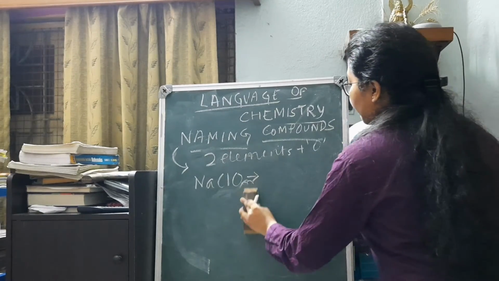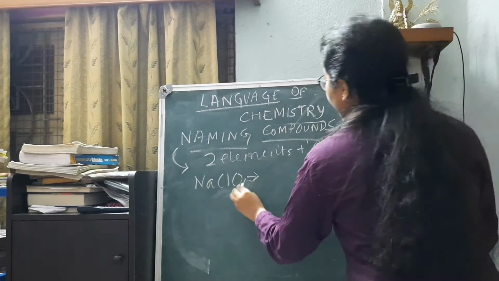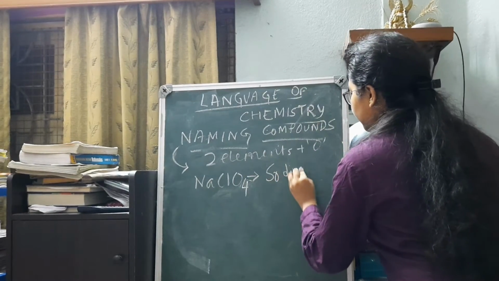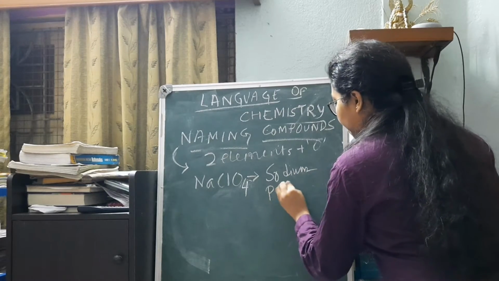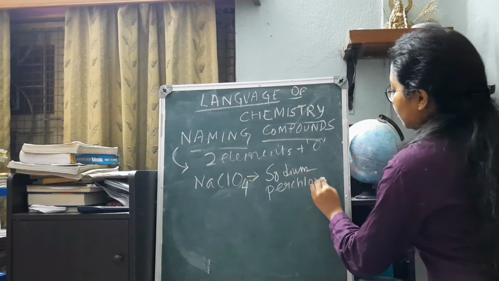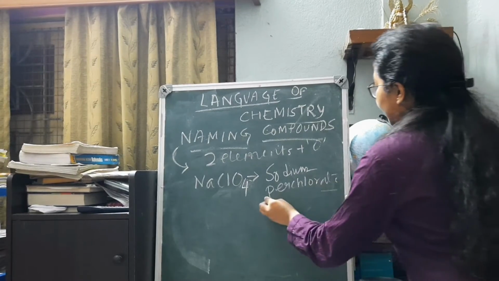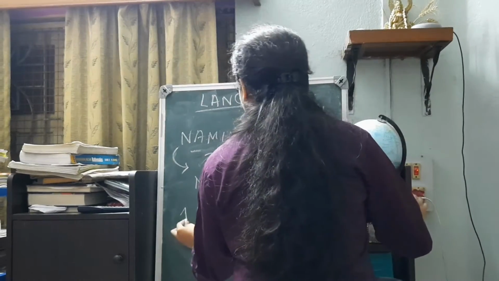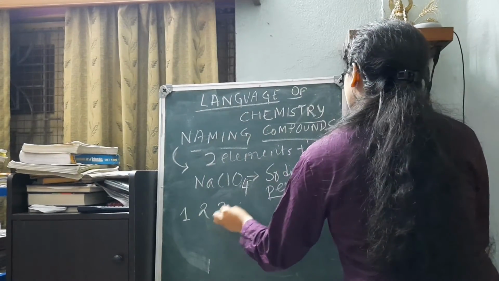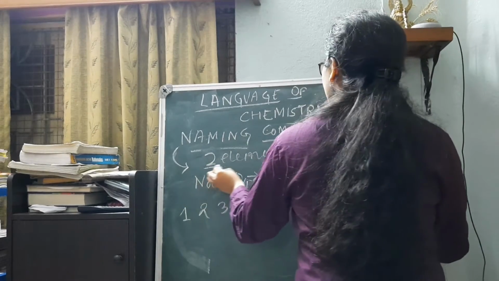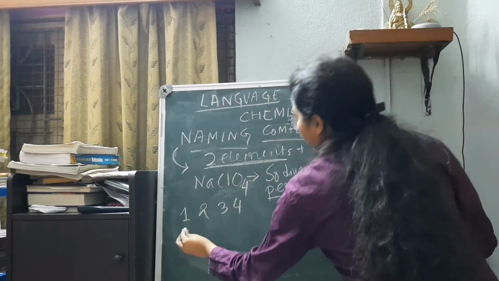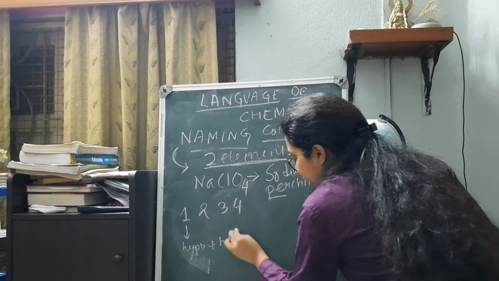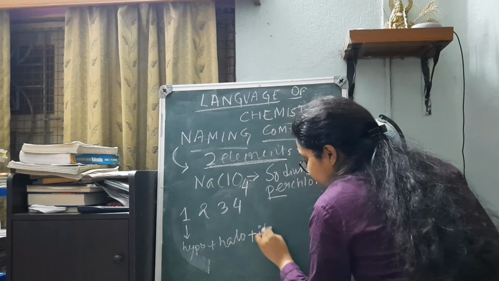Then comes the final one. Total number of oxygen is 4. Sodium perchlorate. That is ATE is present but a per is added. So only 4 cases for the number of oxygen: 1, 2, 3, 4 with 2 other elements. For 1 it is hypo, then the halo name partially, then ite.